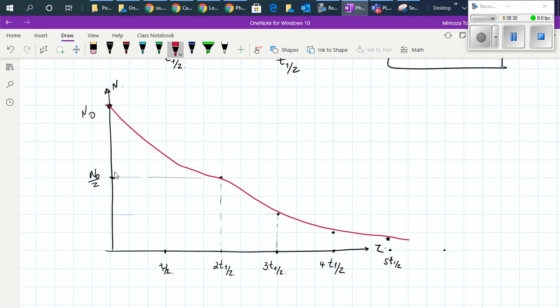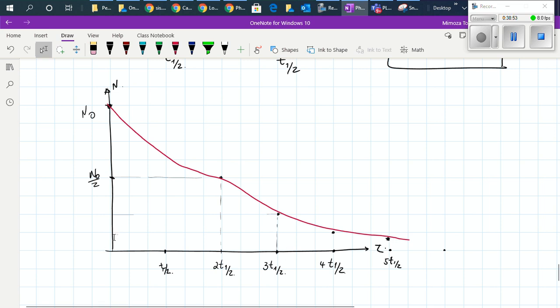Okay, so it is a graph in which the asymptote is the horizontal axis, or time axis, which means that it never intersects and never touches the time axis.